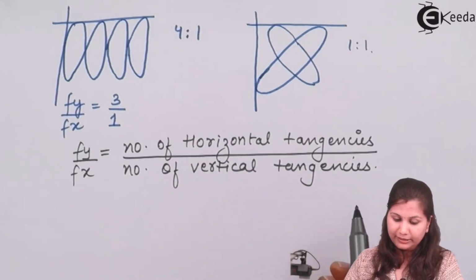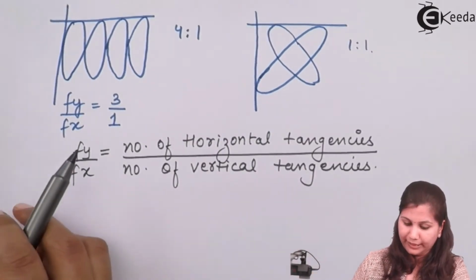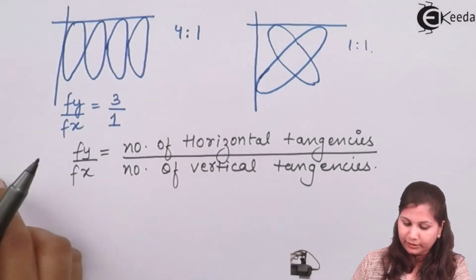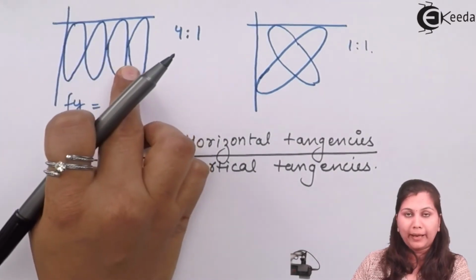Also, we can write it in the form of the number of intersections of the horizontal line with the pattern and the number of intersections of the vertical line with the pattern.